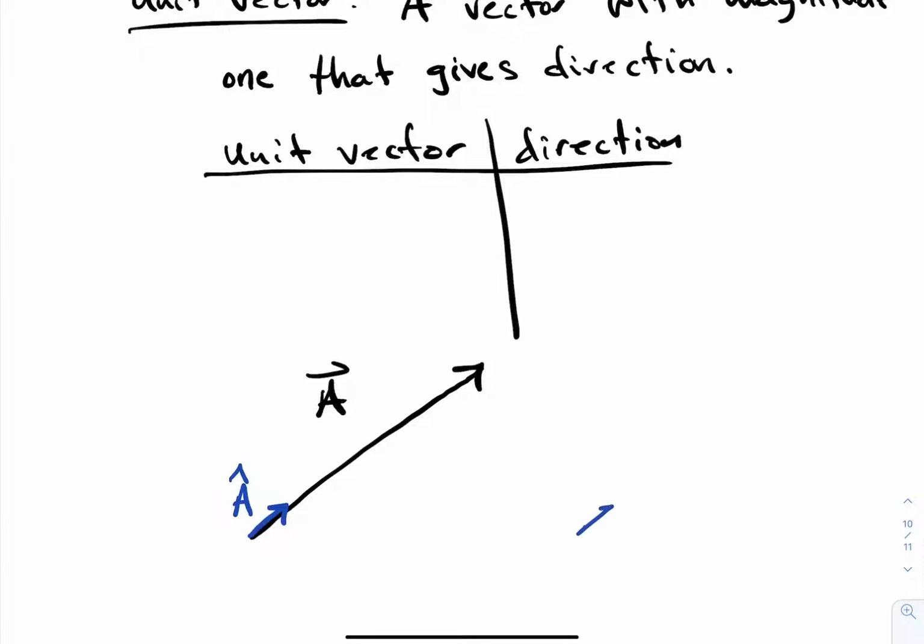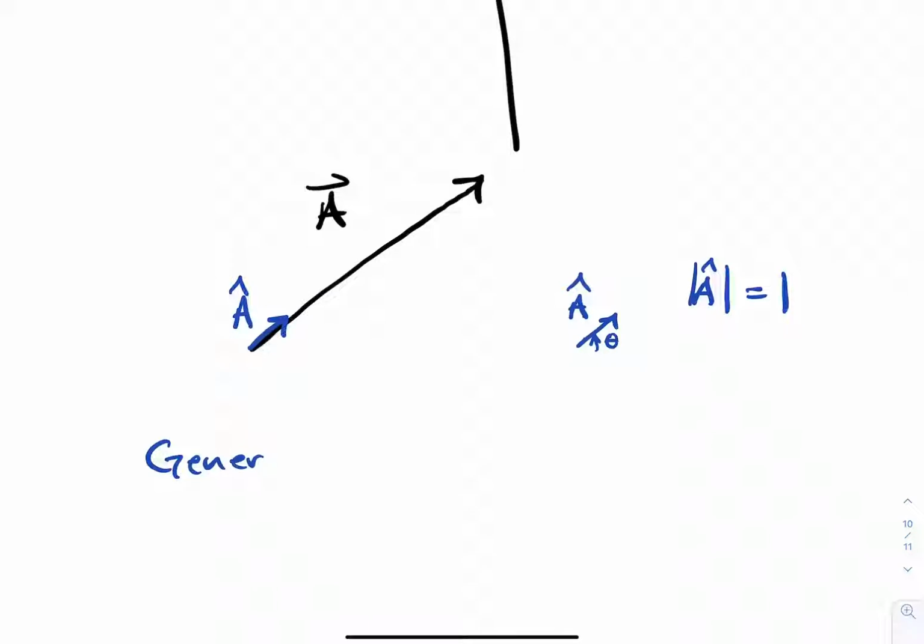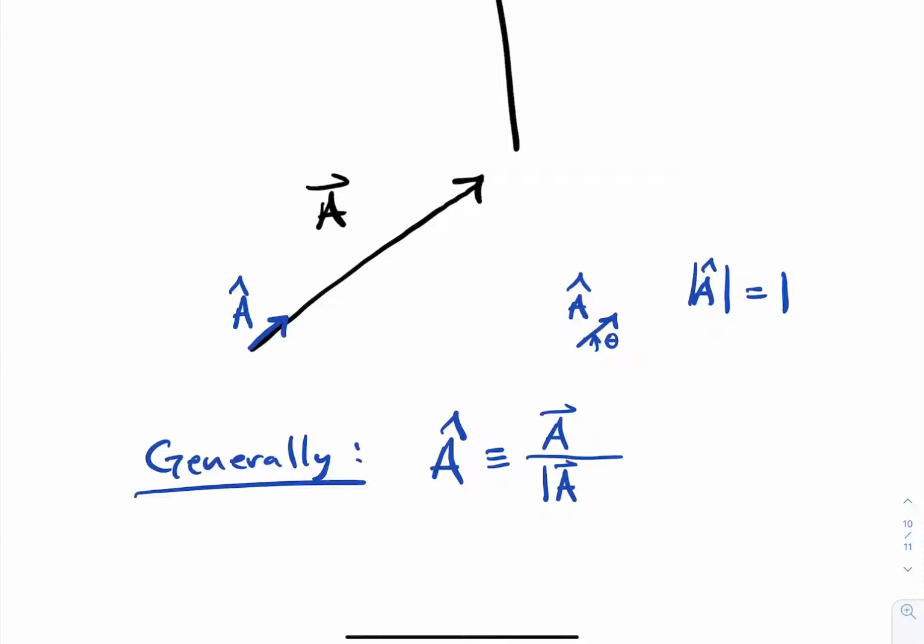So A hat, our unit vector, has magnitude 1, and it points in the direction of big A. In general, we could say the unit vector A hat is defined as the vector A divided by the magnitude of the vector A. So that's just the mathematical definition for any unit vector.